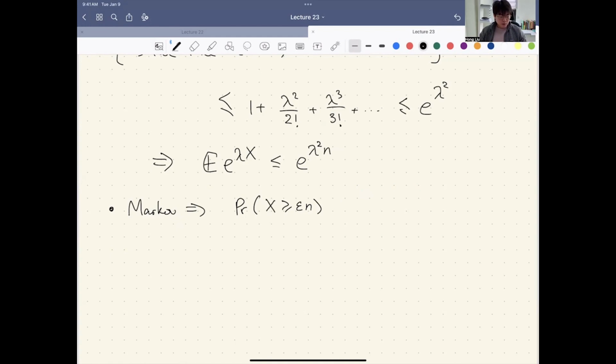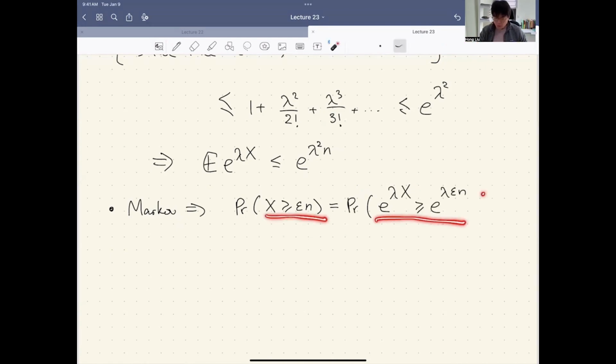Exponentiate the thing inside. So this is the same as saying probability of e to the lambda x is at least e to the lambda epsilon n. This is the same thing, right? Now we apply Markov.